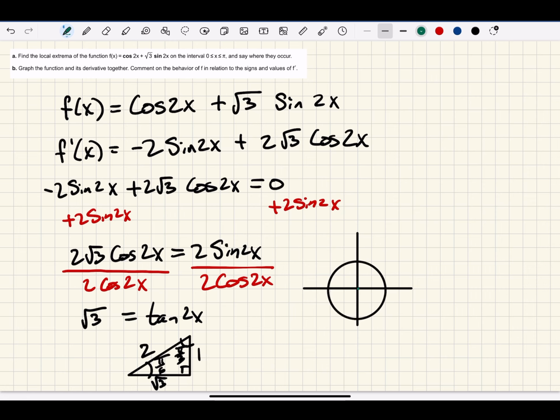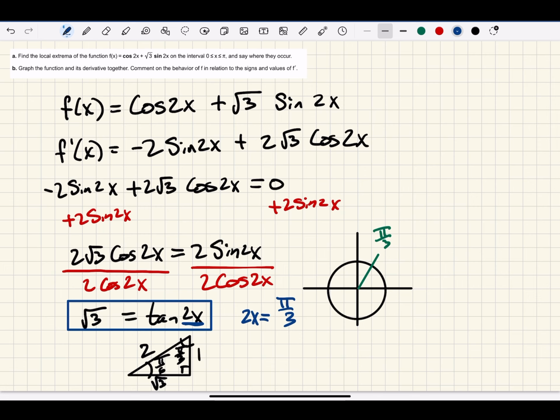We have found that the angle pi over 3 is where the tangent function is equal to the square root of 3. However, our equation says that the tangent of 2x, not x, is equal to the square root of 3. So we will need to find out where the angle x actually is.